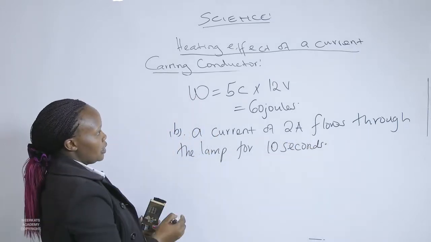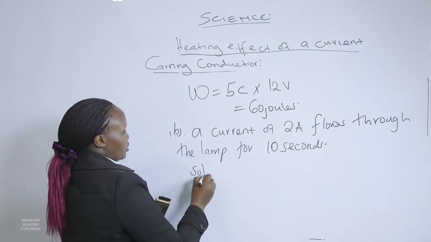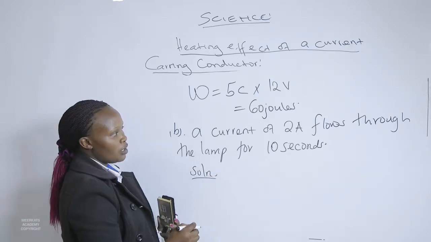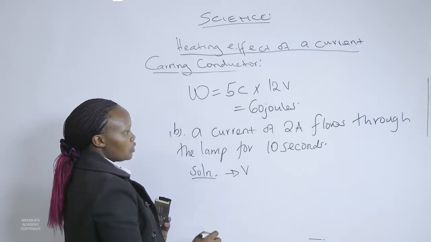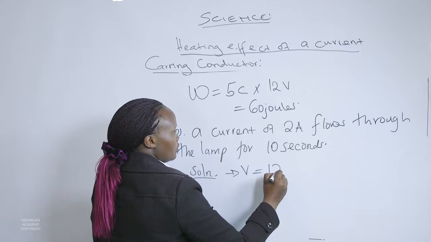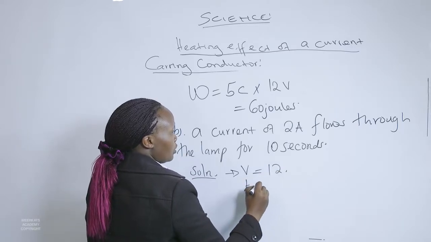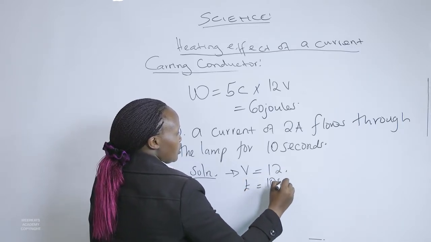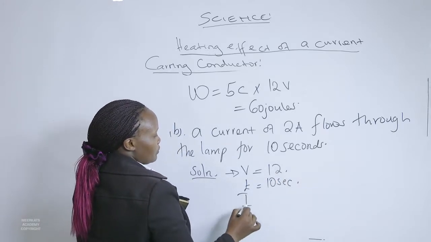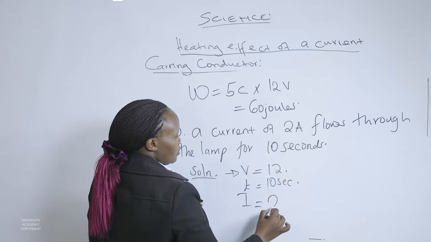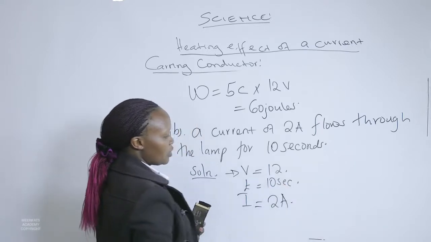Now, again, we start by looking at the information we have been given. We have voltage as 12, time is 10 seconds, and current is 2 amperes.